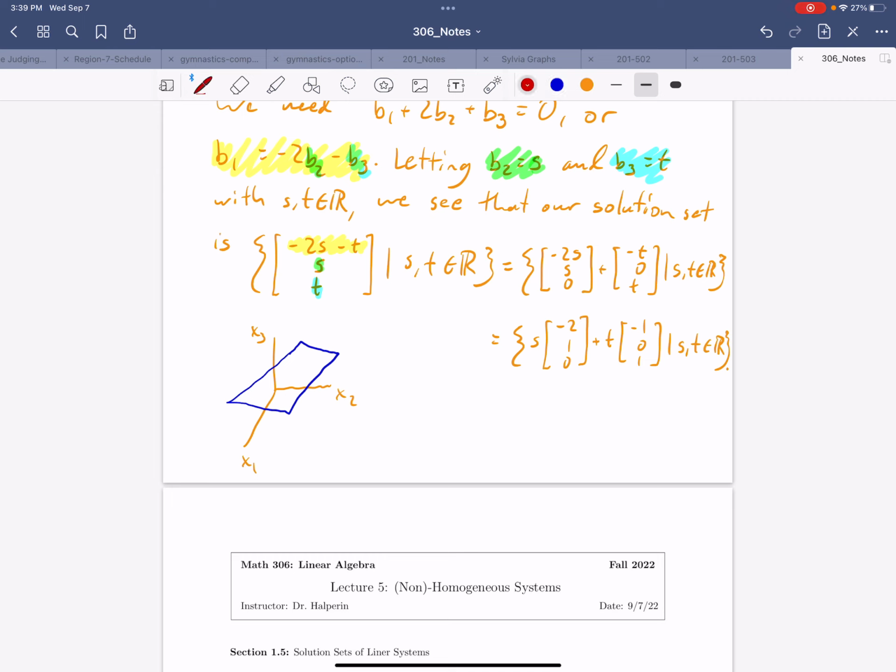And the two vectors that determine it are these guys. Actually, I should be a little more careful: this plane goes through the origin.